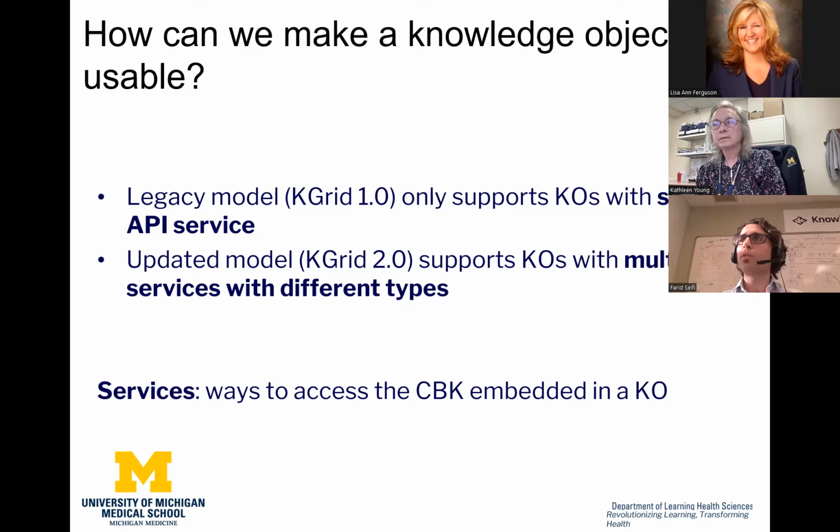Our new model now supports multiple services of different types as different ways that a knowledge object could be accessed. That's what we want to showcase here, comparing the legacy model with our new model and showing that it's now capable of supporting multiple services.